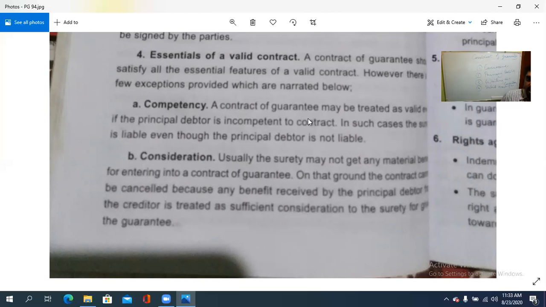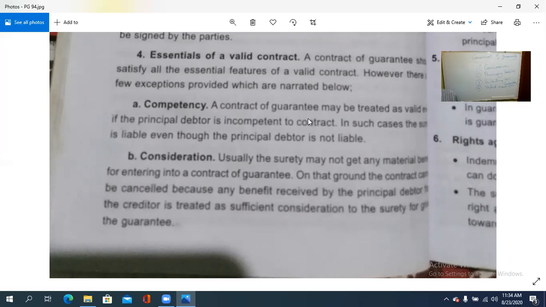A contract of guarantee may be treated as valid if the principal debtor is incompetent to enter into the contract. Principal debtor, if he is incompetent or capacity illa, engil this is not valid or this is not applicable. In such cases, the surety is liable even though the principal debtor is not liable. The surety is liable to pay that thing. Even if the principal debtor is incapable, the surety may be liable.